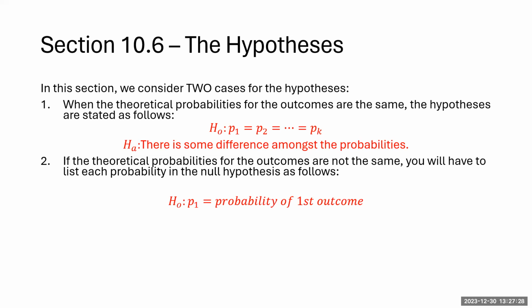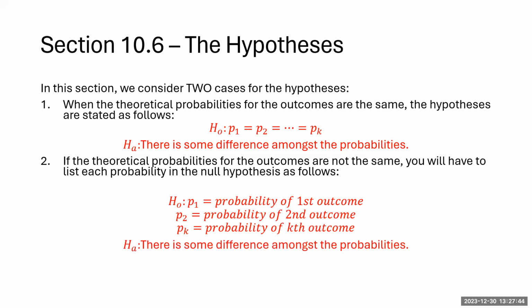So you have to say the probability of 1 is equal to whatever that value is, let's say 20%, the probability of the second outcome is equal to 30%, all the way up to however many outcomes you have. A little bit more tedious to list out. And you'll notice that the alternative is also the same. Is there some difference amongst the probabilities?